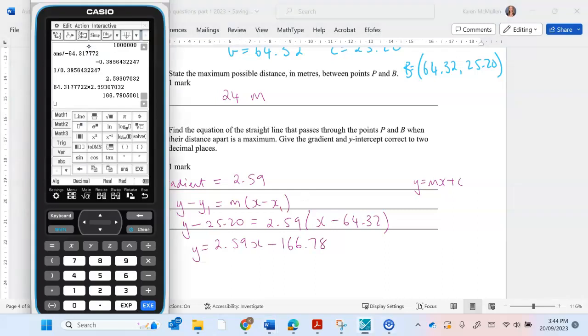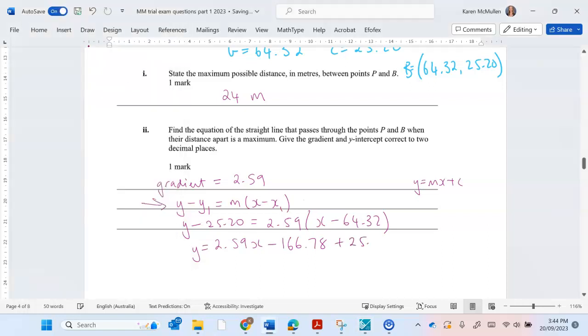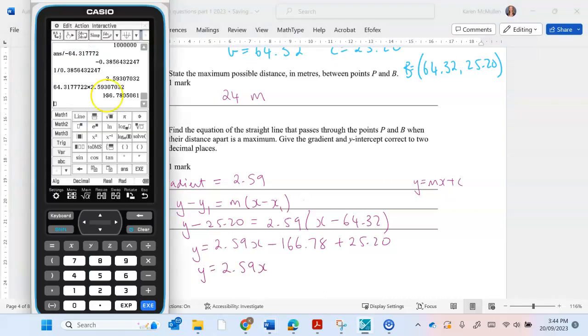All right, and then we've got to bring that 25.20 over. Again, I'm not going to use the exact, I'm going to use more decimal places, sorry, that's what I meant. 25.20, where's that number? So we're just going to copy that down.